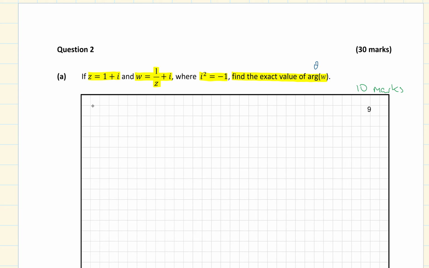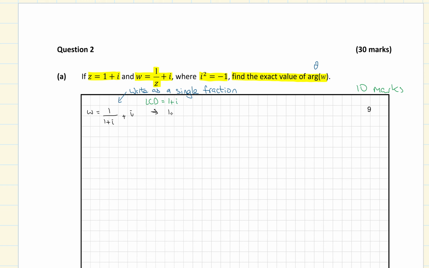So first thing we're going to do here, 1 over z is 1 over 1 plus i, and then what we need to do here is write as a single fraction. So my LCD is going to equal 1 plus i.